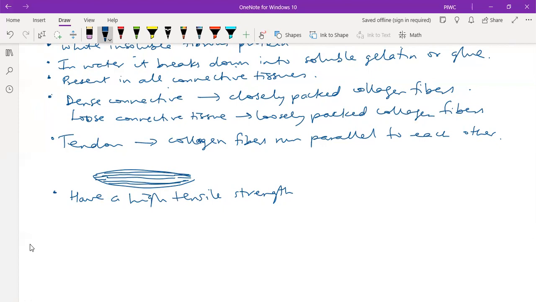But there's a limit to the tensile strength. Once it reaches the limit, they can break rather than stretch. That's why when someone has a sudden strain, the fibers can break apart.